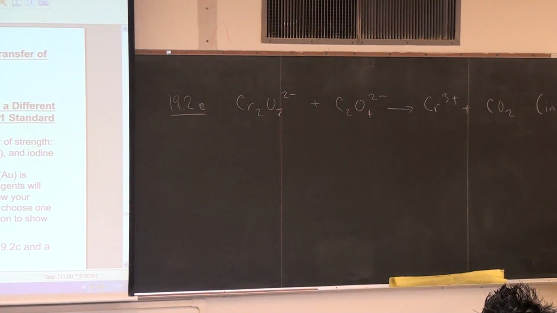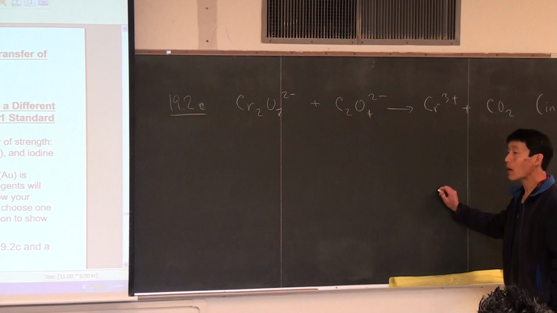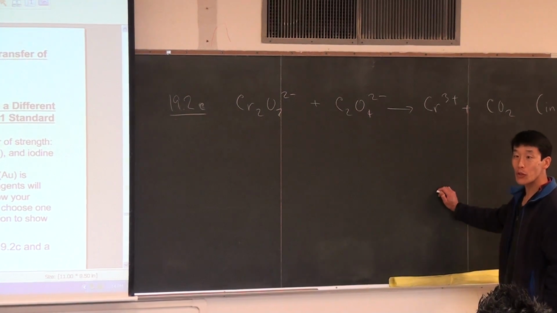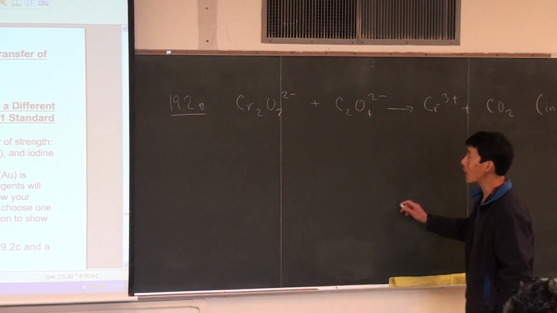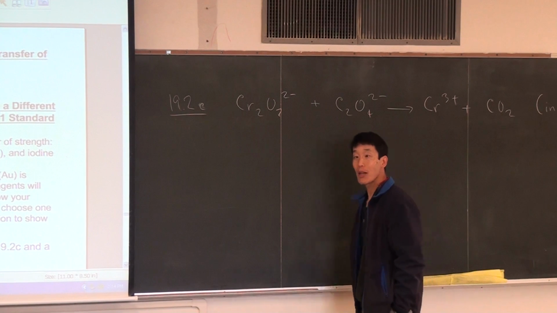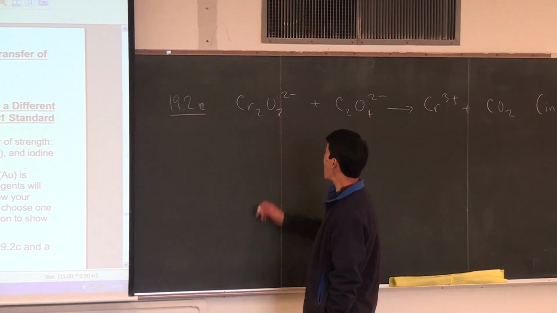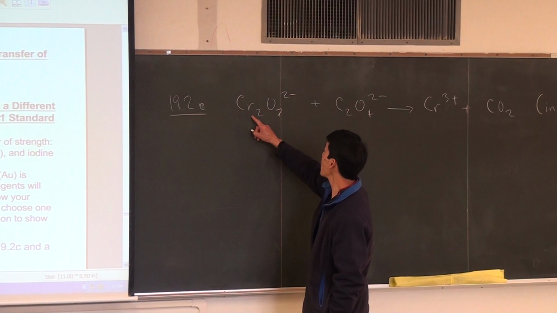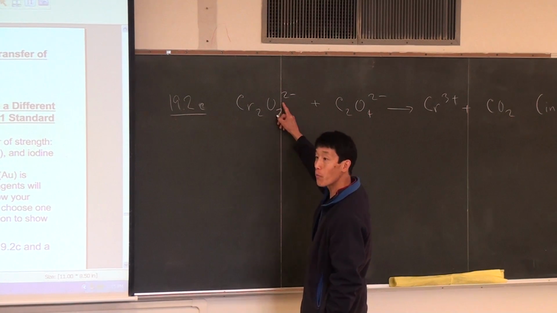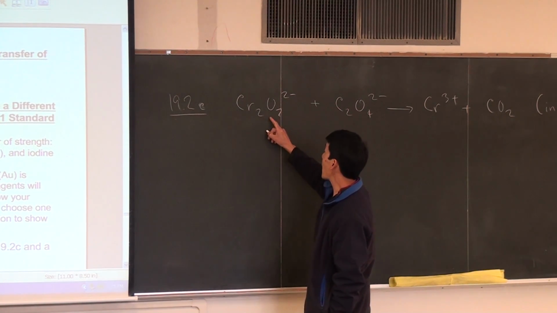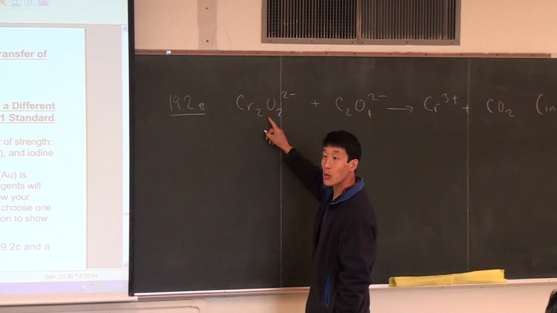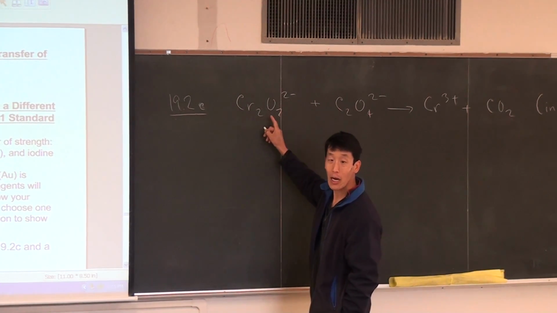Okay, so based on the method of half reactions, you want to figure out what's being oxidized and what's being reduced. So the first step, you want to figure out the charge on each atom in each compound. So note that the net charge on Cr2O7 is -2. In general, the charge on oxygen is 0 in the element, but in the compound, the charge on oxygen is -2.